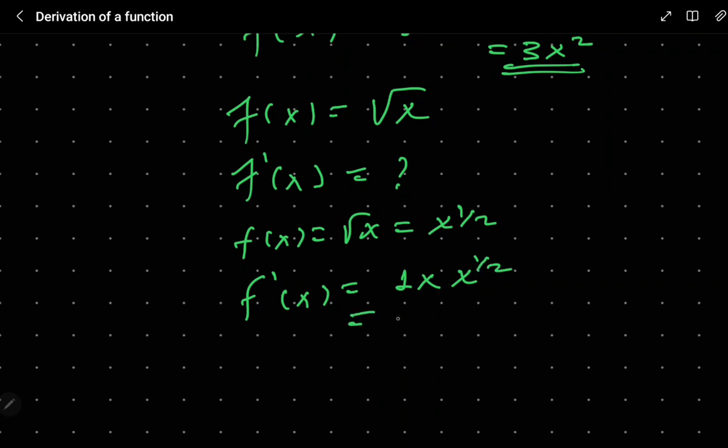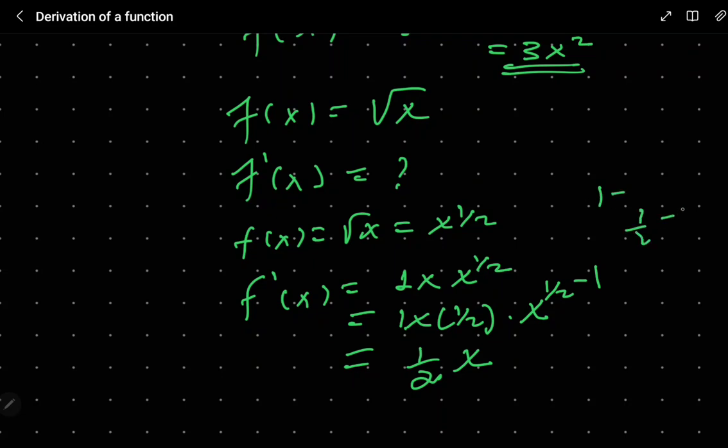So this is equal to 1 times the coefficient n, which is 1 over 2, so 1 over 2 times x to the power of 1 over 2 minus 1. So this is equal to 1 over 2, 1 times half is 1 over 2, then x to the power of 1 over 2 minus 1. So this is 1 over 2 minus 2 over 2, so this is negative 1 over 2. So x to the power of negative 1 over 2.